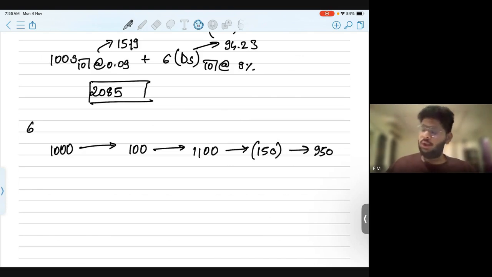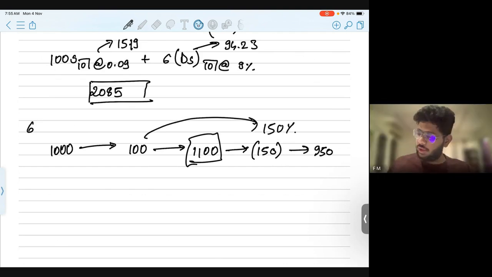Make a loan schedule, na? 1,000, you get interest added on it. This is what happens. And then you pay 150% of interest. So you get this back. Then you have this as the interest.